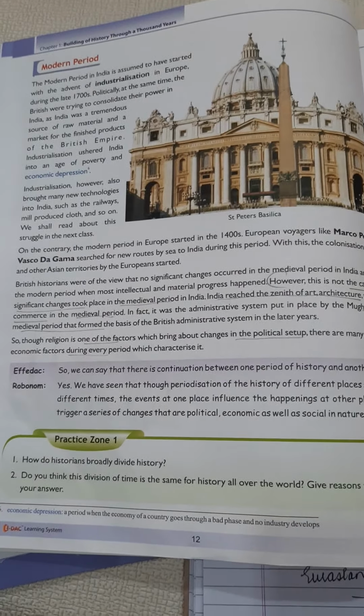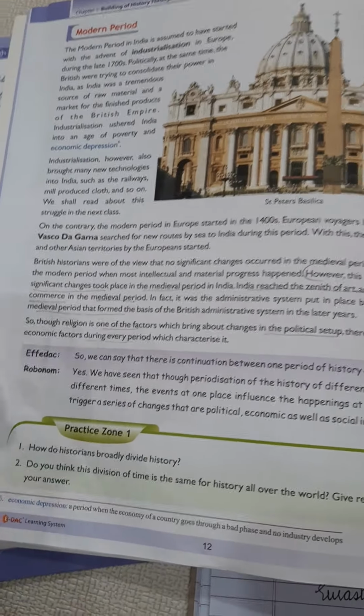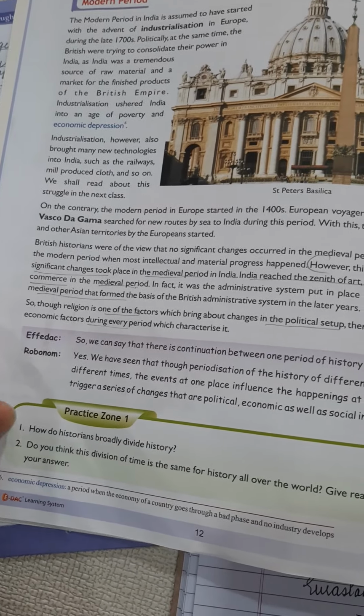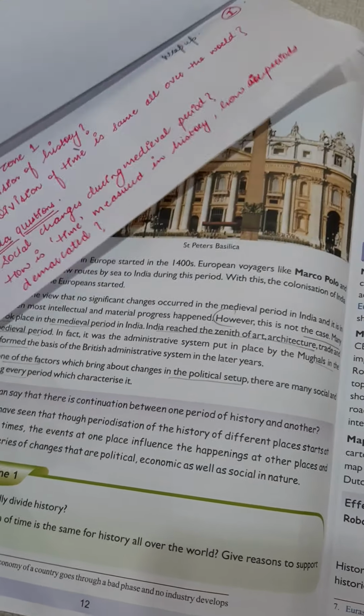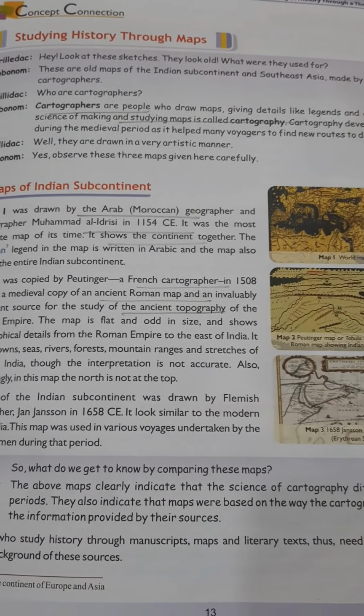Suppose your wrap up with page number 12, where you thought about these two questions and you also thought about two extra questions. We are going to study the next topic of this chapter in my next video, that is studying history through maps.